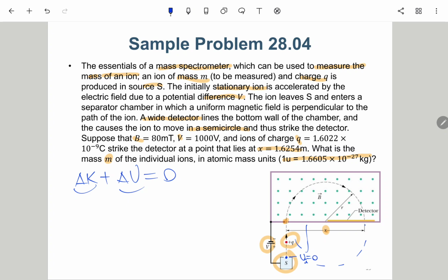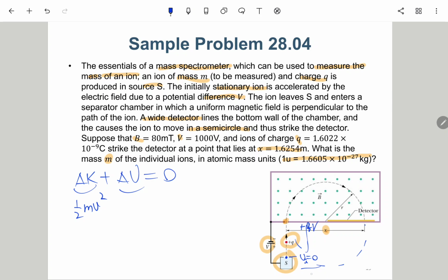Originally stationary, so the initial kinetic energy is 0, and finally it becomes half of mv squared. For the potential energy, initially it is also 0, and finally it becomes QV.